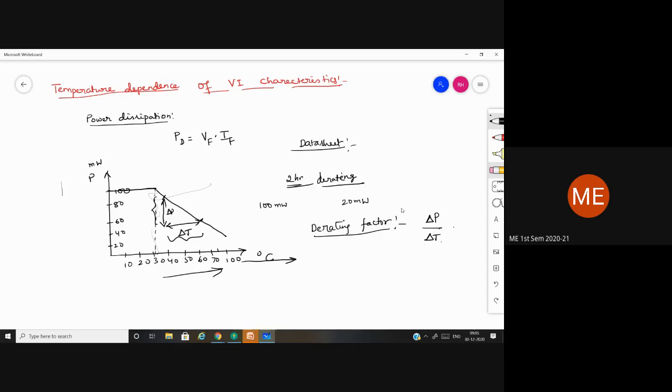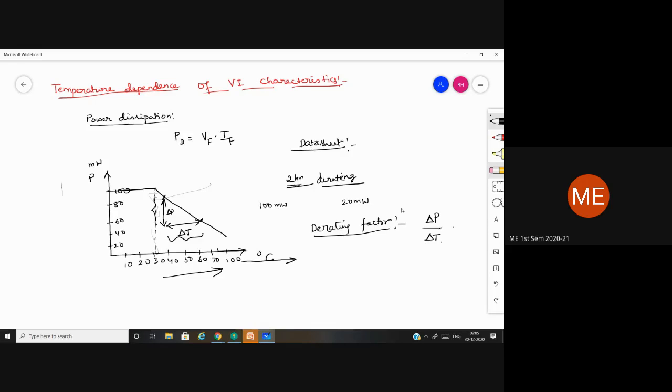If the temperature exceeds the specified levels, then the power dissipation will start decreasing with increasing temperature. Then we say the diode is derated. So this is finding the derating factor.